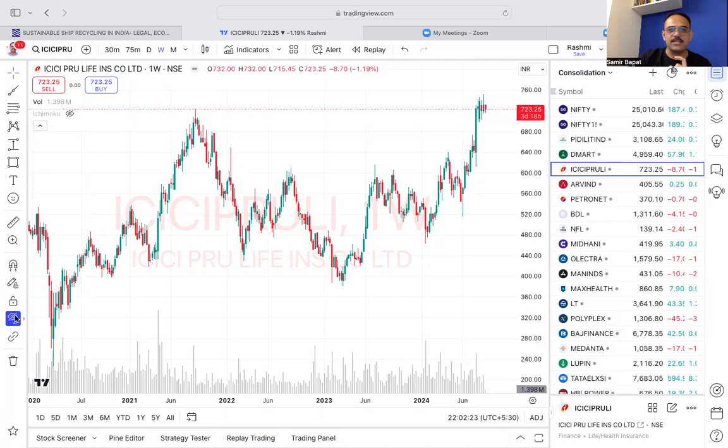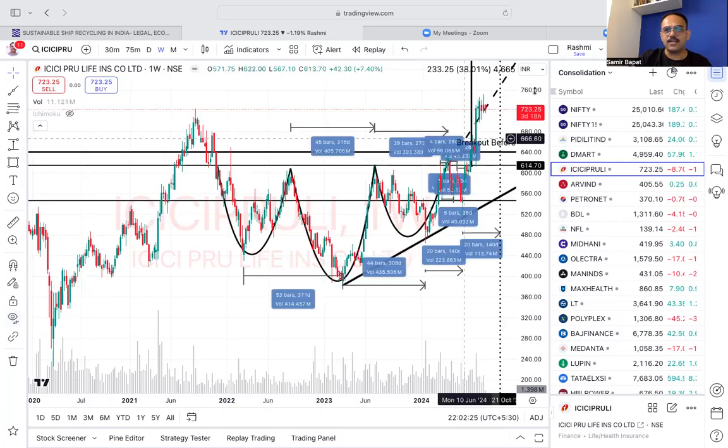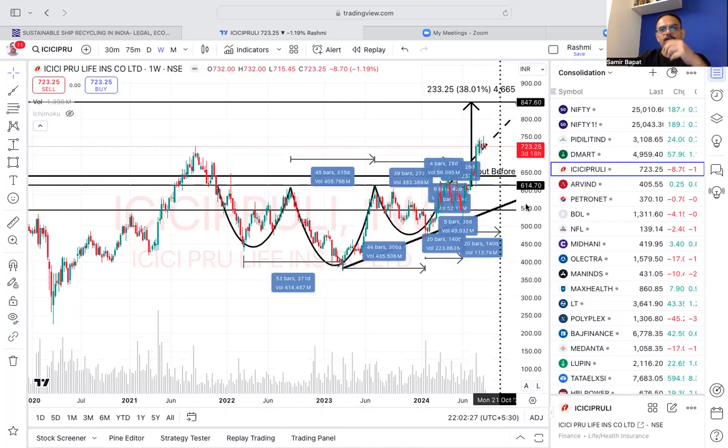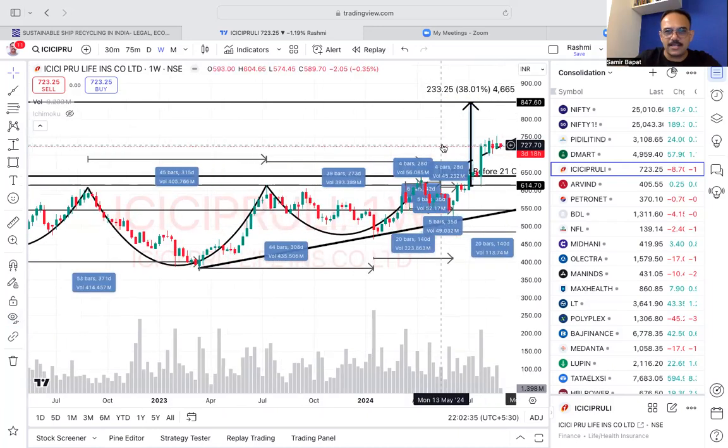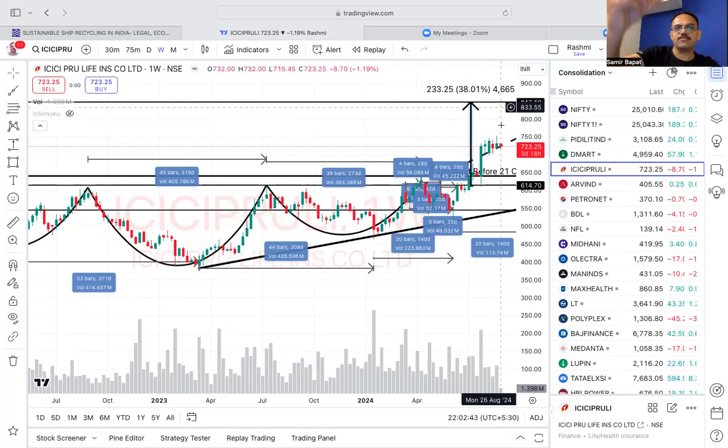If we see the measure, ICICI Prudential is likely to go till 847. So it has. I'm a little bit, other studies are going on, so it's too cluttered. Sorry for that. It is likely to go till 847 based on the triangle measurement.